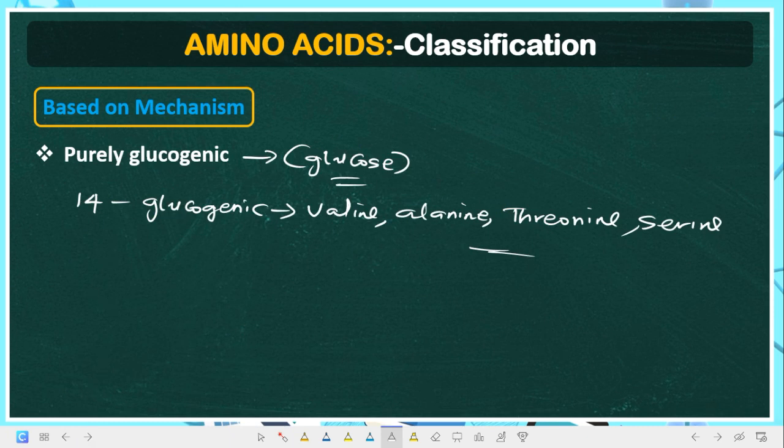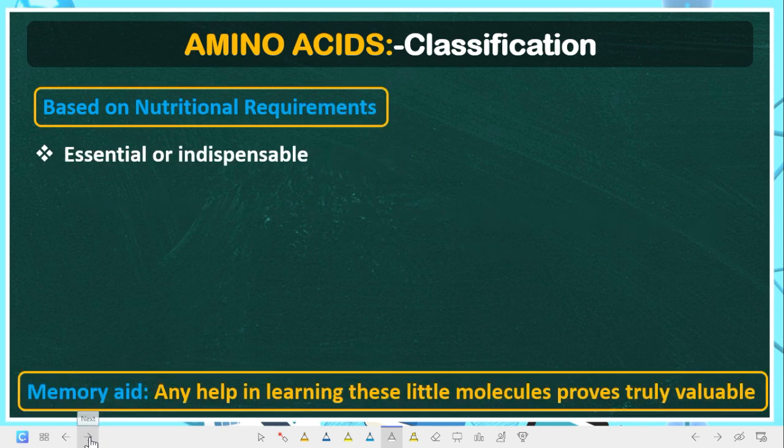So if you are asked to classify amino acids based on the metabolic pathway, we have the purely ketogenic, glucogenic and ketogenic, and then we have the purely glucogenic amino acids. Is that clear? So let's go to another classification.